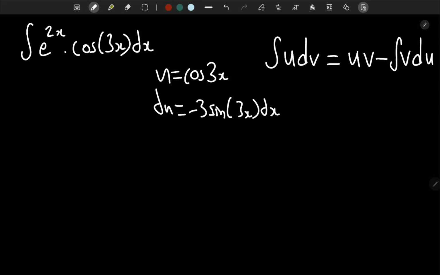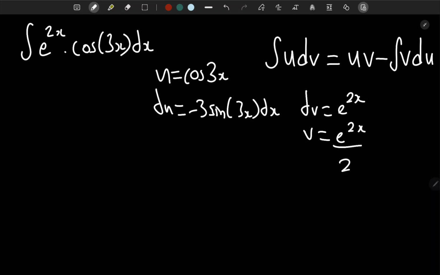And dv here is going to be e to the power of 2x, and then v here is going to be e to the power of 2x over 2. So now you can swap even. If you choose u to be e to the power of 2x and dv to be cosine 3x, it's the same thing. Here it does not make a difference, and you can do whatever is easier for you. So I'm just going to stick to this right now.